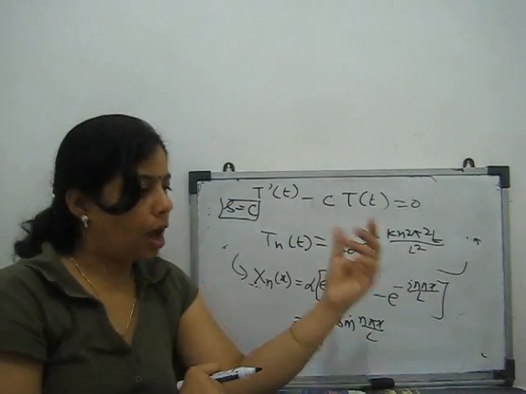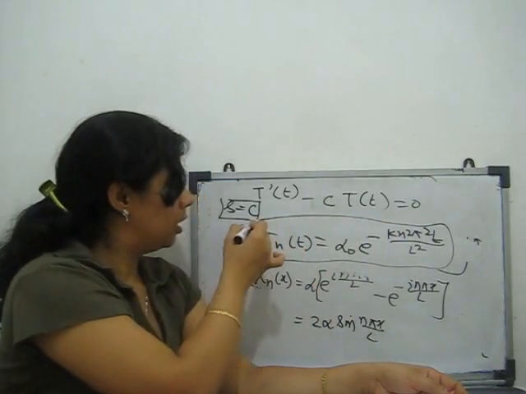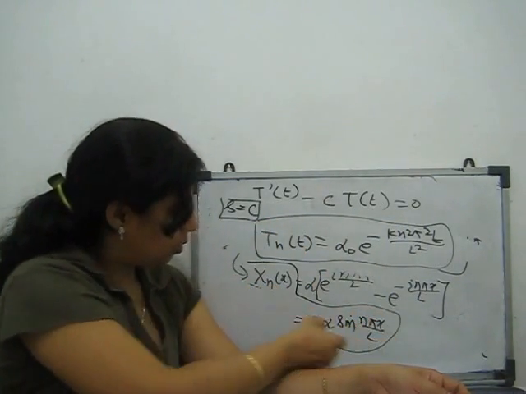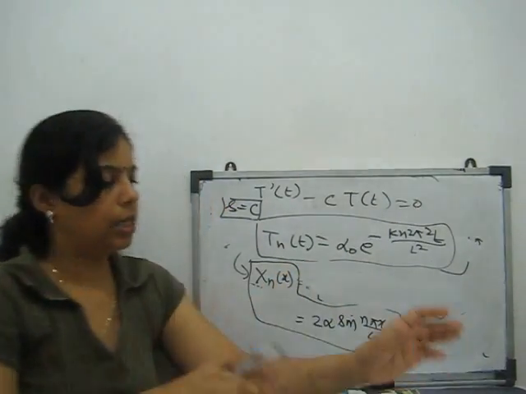So now this is the value of Tn and this is the value of Xn. Clear?